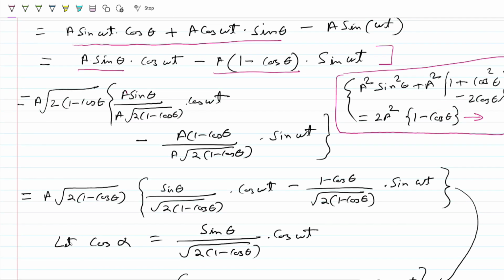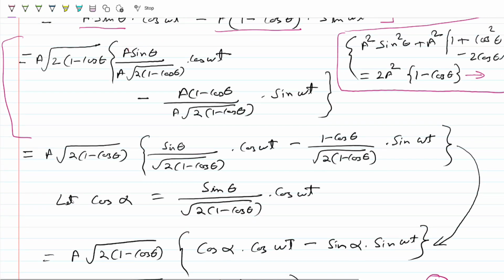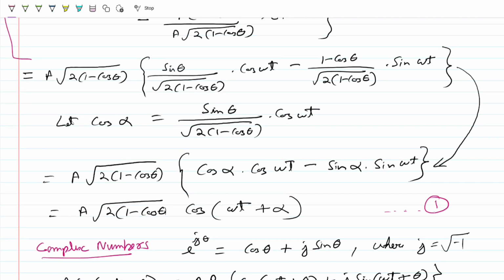And then if we divide this equation by the square root of this term, 2a square 1 minus cos theta, it is given by this equation here. And with further simplification we can eventually arrive at equation 1 here.